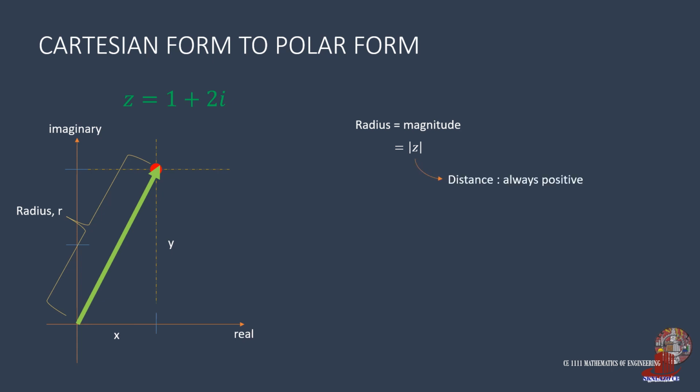Because r is length or distance, r should always be positive as there is no negative distance or length. With the triangle form, using the Pythagorean theorem, r is solved as the root of x squared plus y squared. For the example, r is then the root of 1 squared plus 2 squared, which is equal to the root of 5.